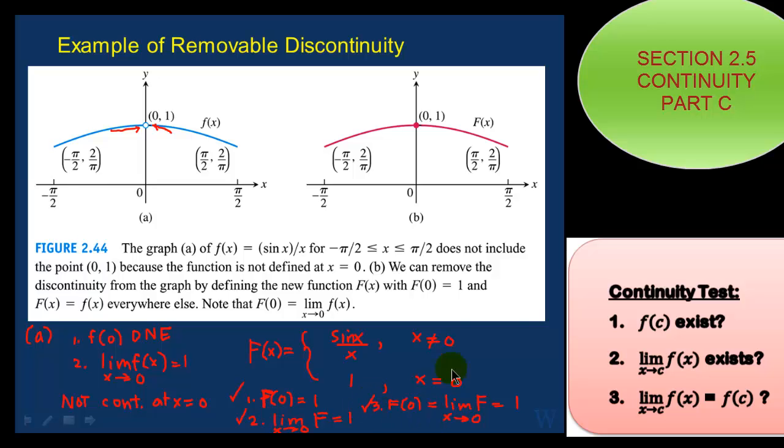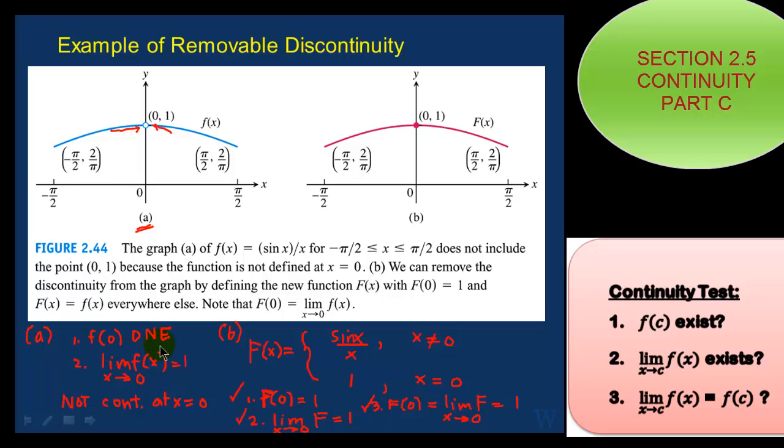Yay, we're good. Basically what we did in between A and B is that B is when the discontinuity of A has been removed. So whenever we have a removable discontinuity, that is when the limit exists, but the function value at that point does not exist, and we remedy the situation.